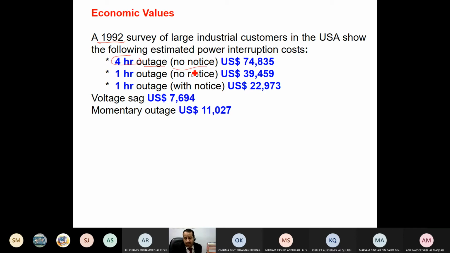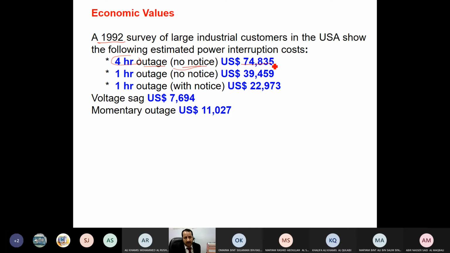By the way, electricity companies usually, when they want to shut down some loads, send a notice that we are going to make a shutdown on this date, let me say 15th April 2021 from this hour to this hour. People take it into consideration. But this one happened without notice.